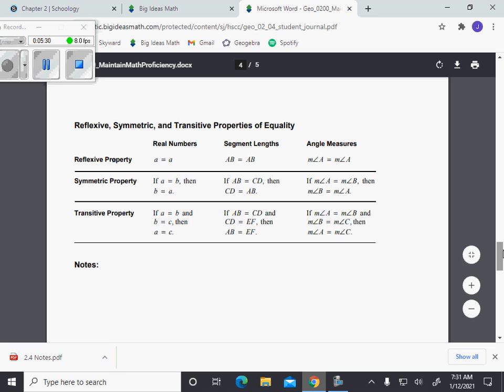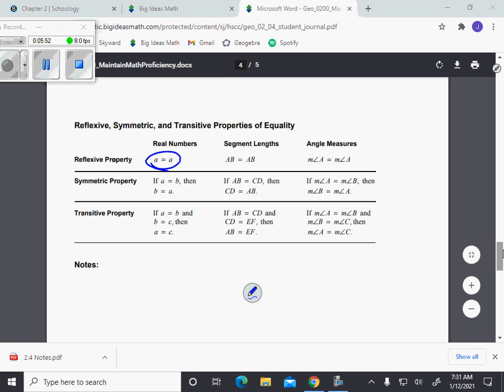These last three down here, we have the reflexive property. Reflexive, what do you think of when you hear the word reflexive? I hope you think of reflect, because reflect is what's happening here. We have A equals A. The same thing on both sides of the equal sign.